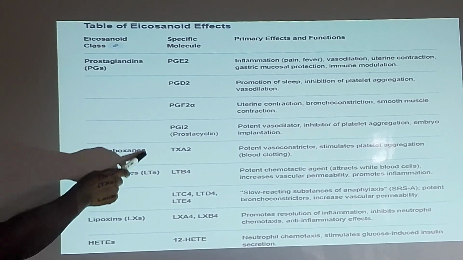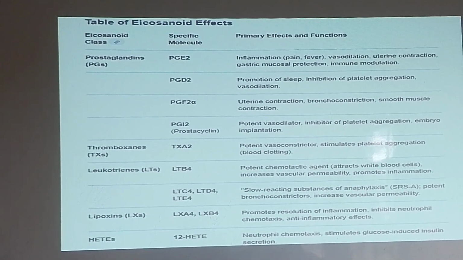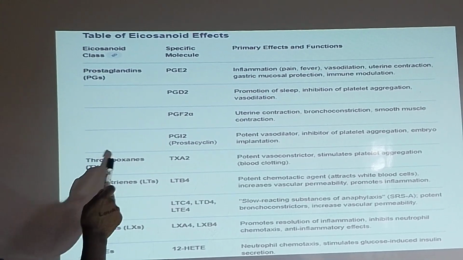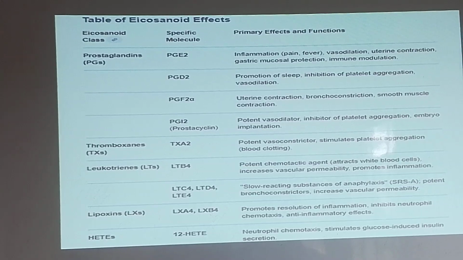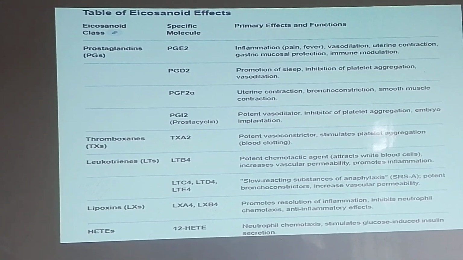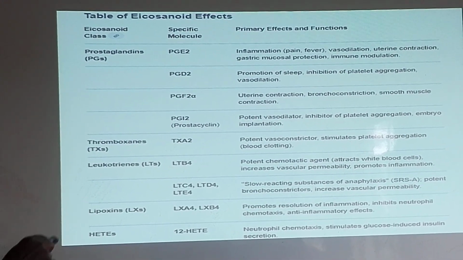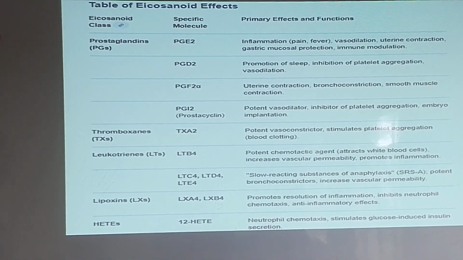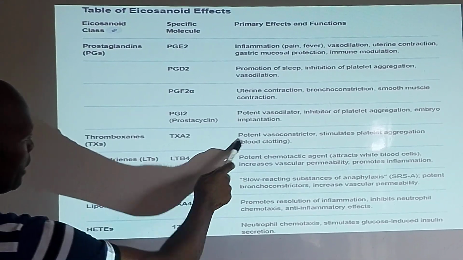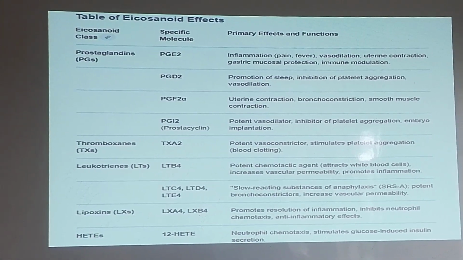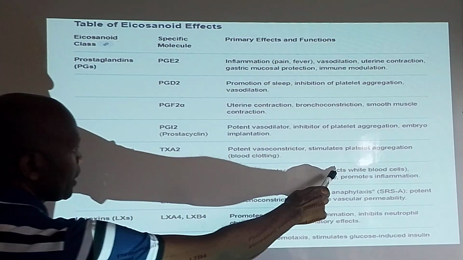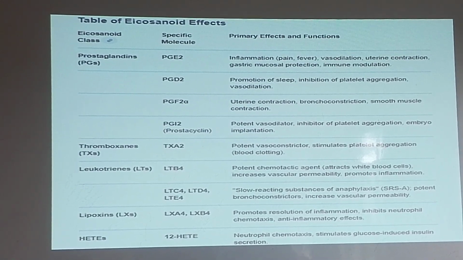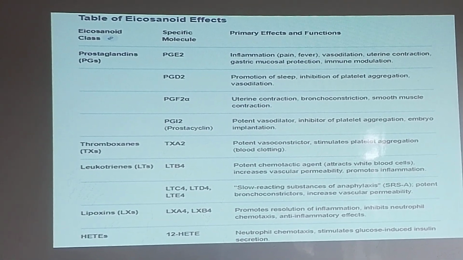Therefore, when you give aspirin, it blocks COX-1, which reduces the production of this substance here, and the patient benefits, especially cardiovascular patients. We have seen leukotrienes, that is LTB4, leukotriene B4. It's a potent chemotactic agent which attracts white blood cells and increases vascular permeability to promote inflammation.